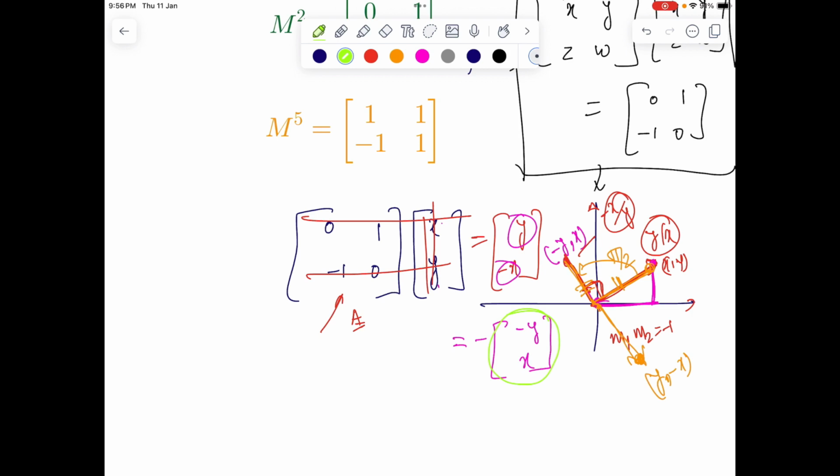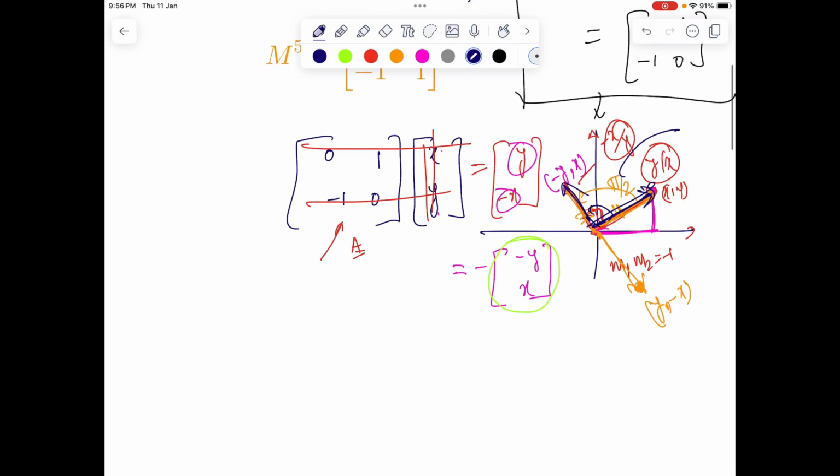Now this is something special which has a link with complex numbers, because in complex numbers, rotation of a number can be achieved like this.